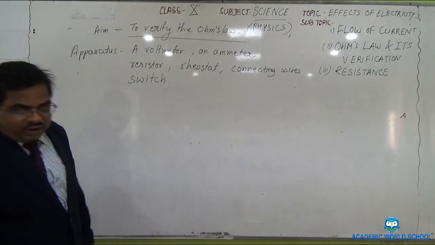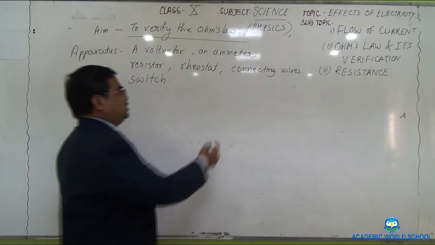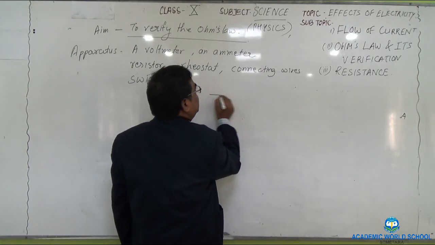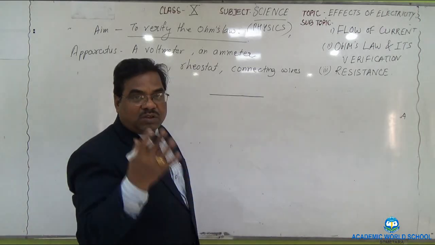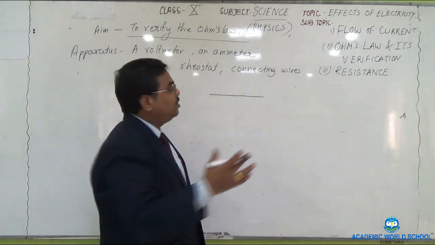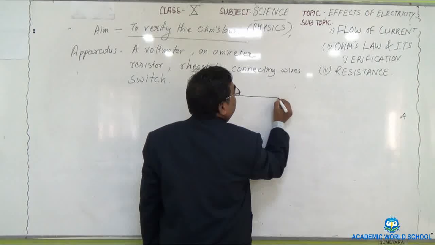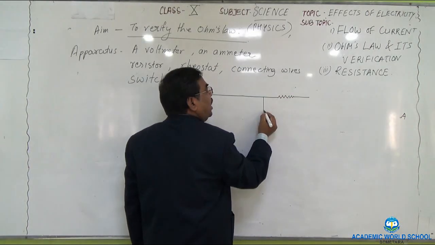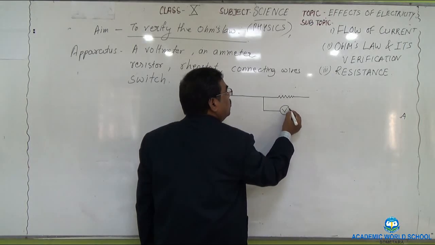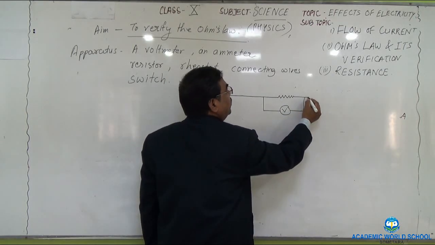Now how do we connect all these apparatus? The connection is simple. We will be using the symbols of the components that we have studied. We will first connect one resistance and a voltmeter, both of them in parallel.